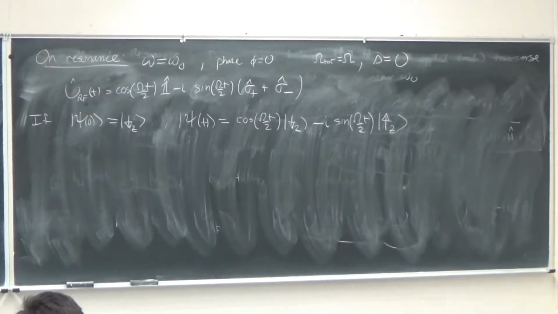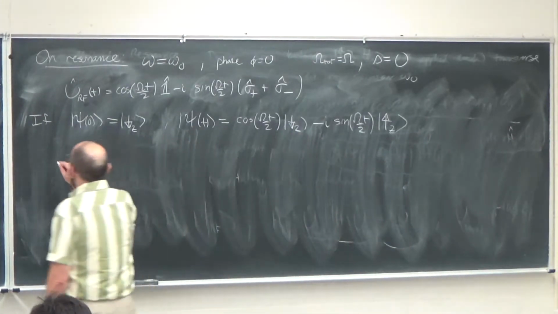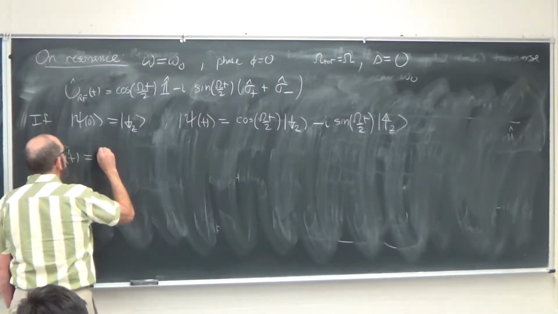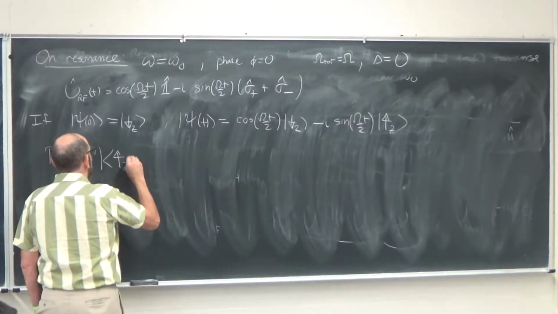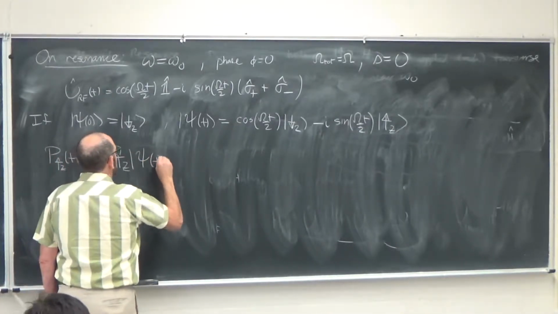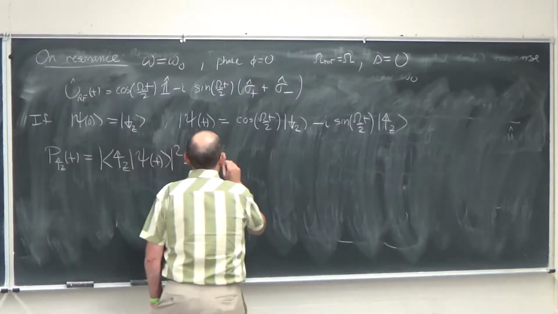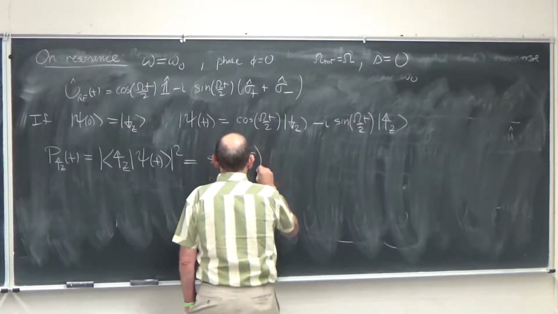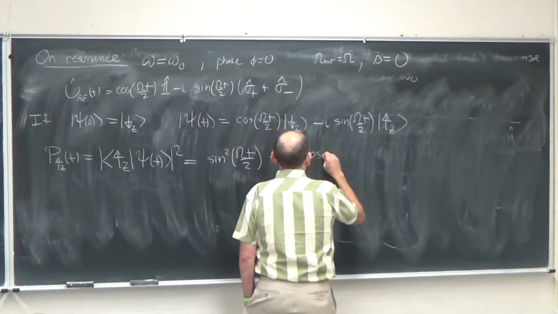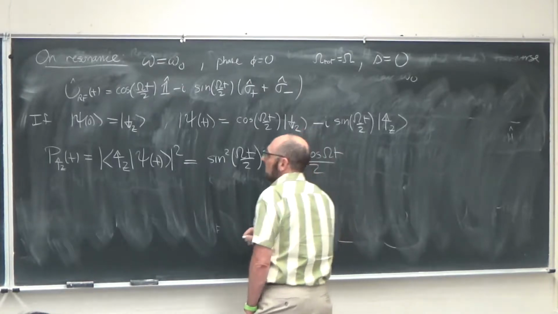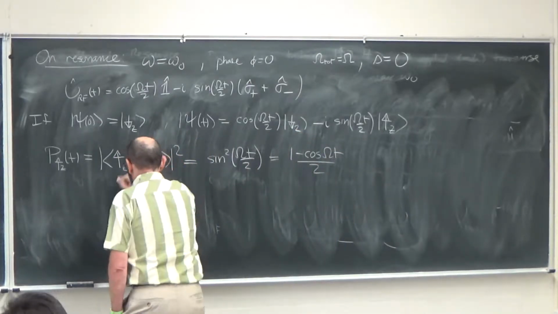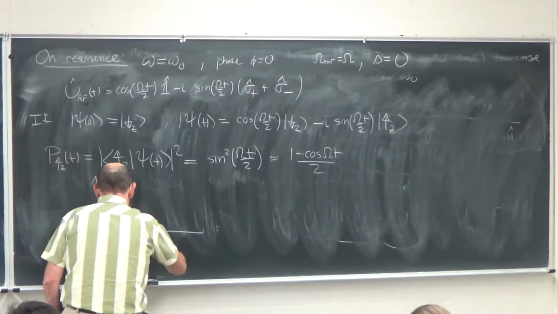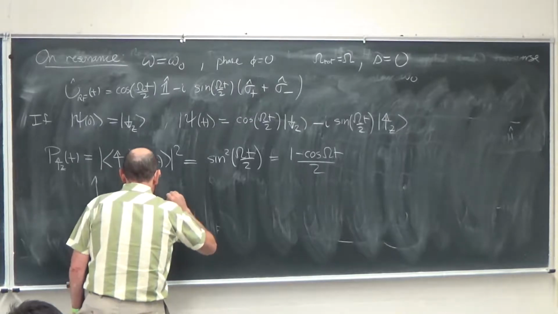And so, as we discussed, the probability to be spin up along z as a function of time is the probability amplitude squared, which is sine squared of the Rabi frequency t over 2, which is 1 minus cos omega t over 2, which is an oscillating sinusoid.